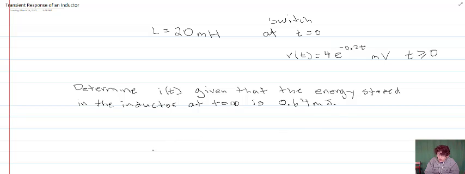Okay, so for an inductor, the current at time t is given by its initial current, and I'm just going to call that I naught, plus 1 over L times the integral from t naught to t of v dt prime.